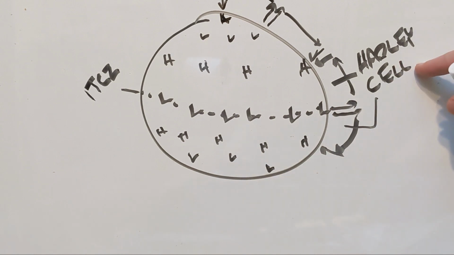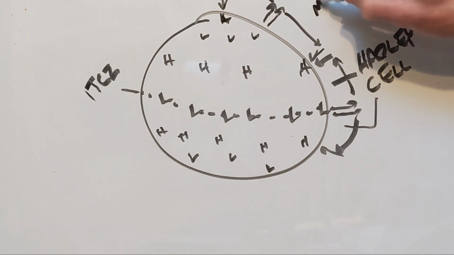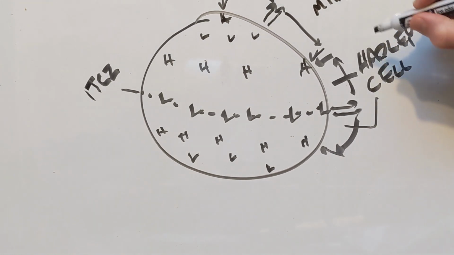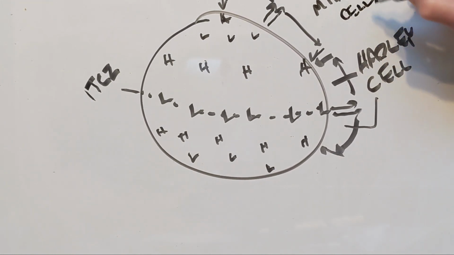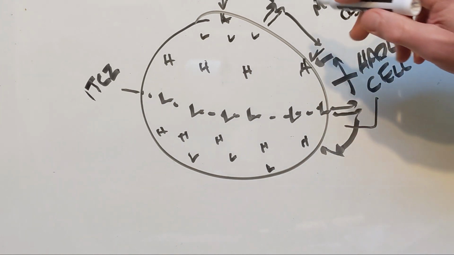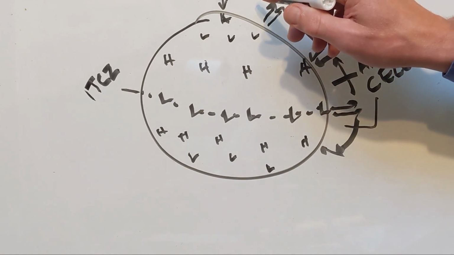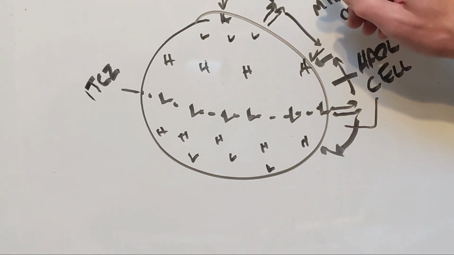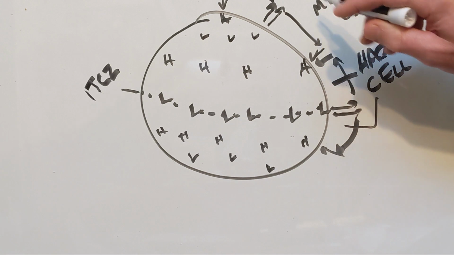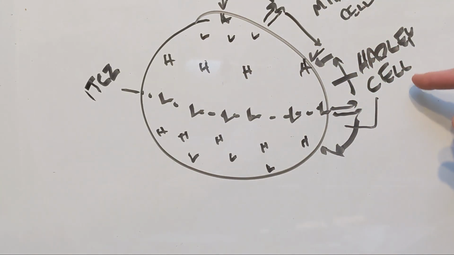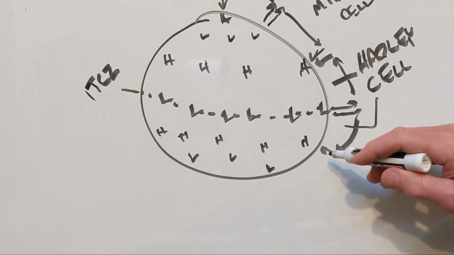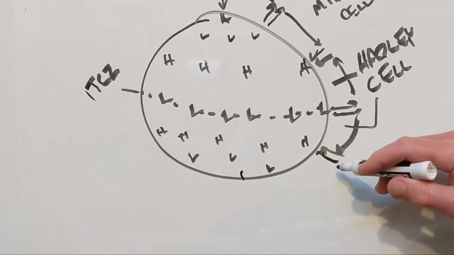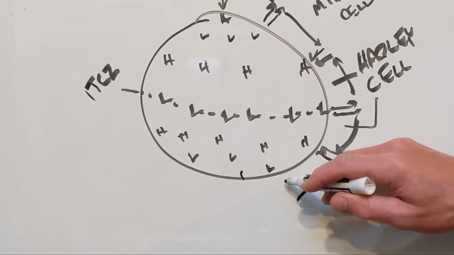So we've got the Hadley cells here, we've got the mid-latitude cell, sometimes called the Ferrell cell, Ferrell, I believe, and then the polar cell. I've already covered these circulations in an earlier video. You can go back and review that if you want. Let's continue the loop here. So we have our north and our south pole circulation on here as well.